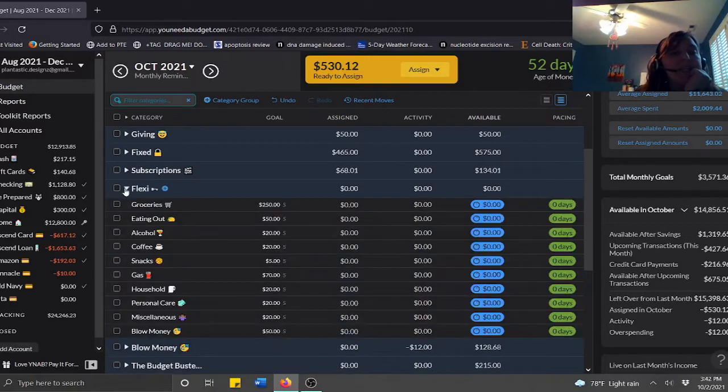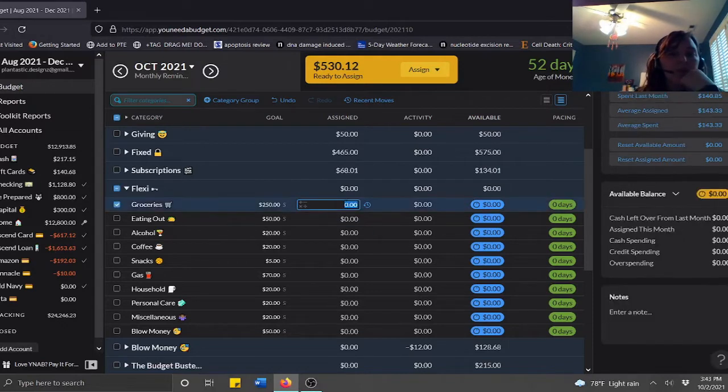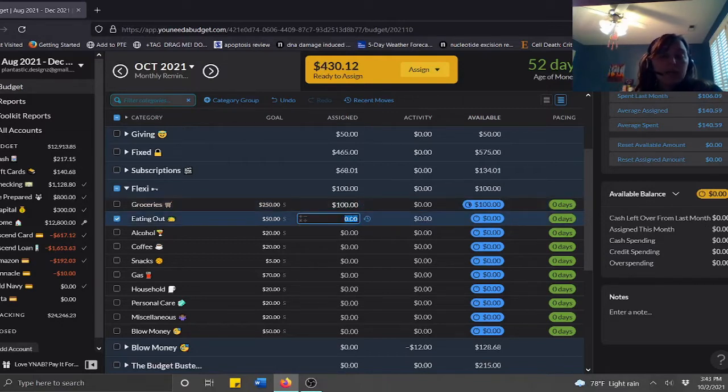Okay, Flexi, these are all of the flexible categories that I have. So for groceries, it would be $125, but I actually just spent some money the other day on groceries. It was about $25, so we would just do $100. Eating out, $25.